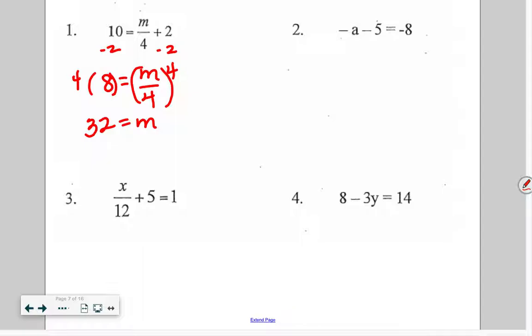Question number 2. What are we going to do to get a on a side by itself? I'm sorry? Add 5. We have a negative a that is being left behind. What is a negative 8 plus 5? Negative 3. Now, how are we going to get a on a side by itself?